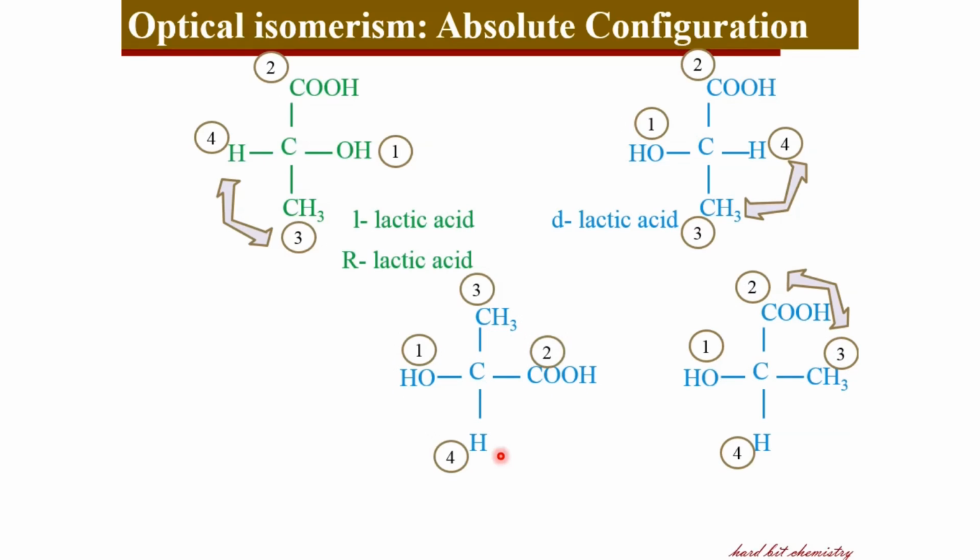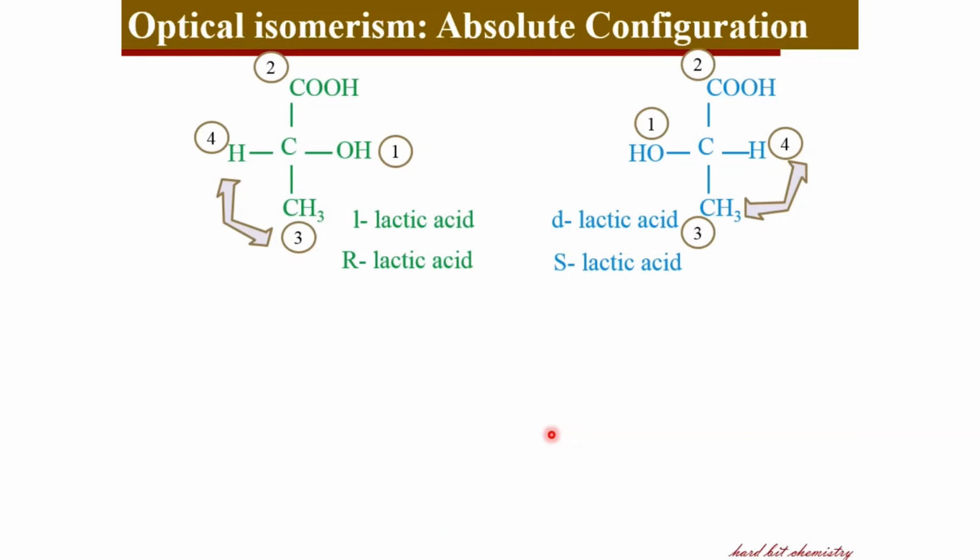After the two exchanges, my priorities are positioned here, and when I look from 1 to 3 direction, my eye moves along the anti-clockwise direction. Therefore the configuration is S. That means dextrolactic acid is S-lactic acid. So you can say that the levo and dextrolactic acids, the two enantiomers, are possessing opposite absolute configurations.